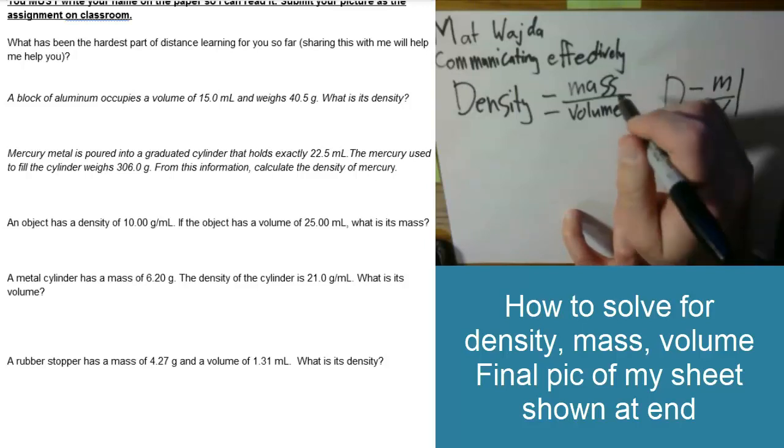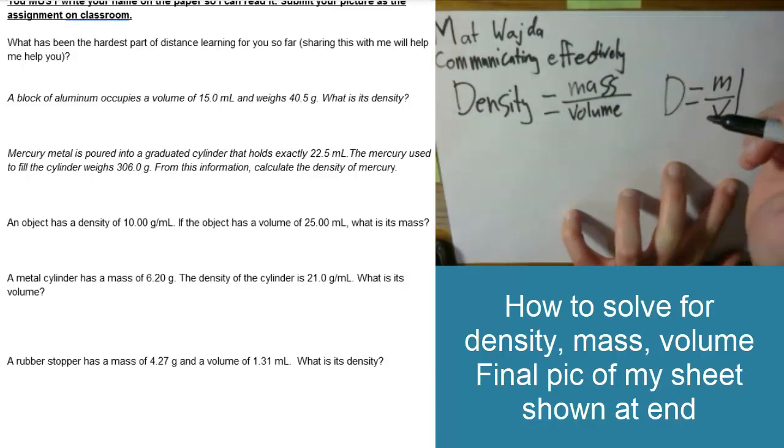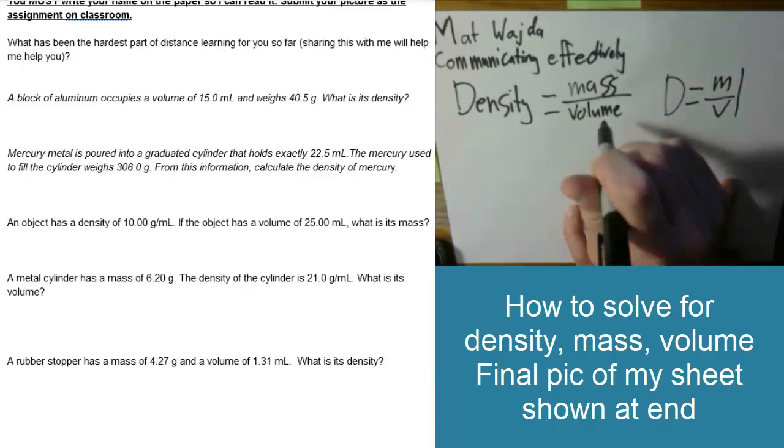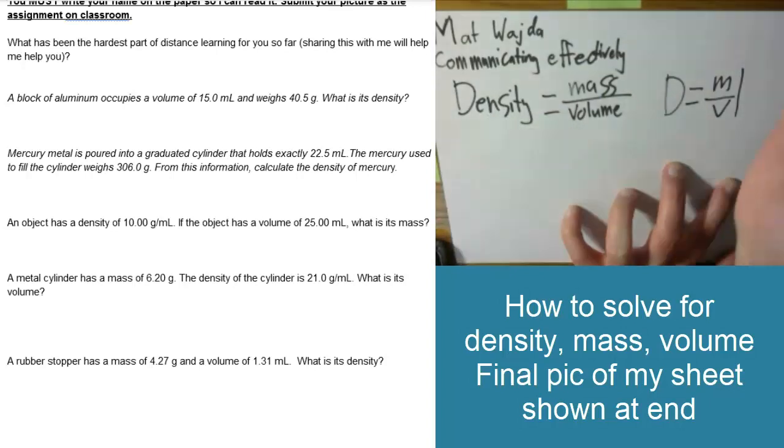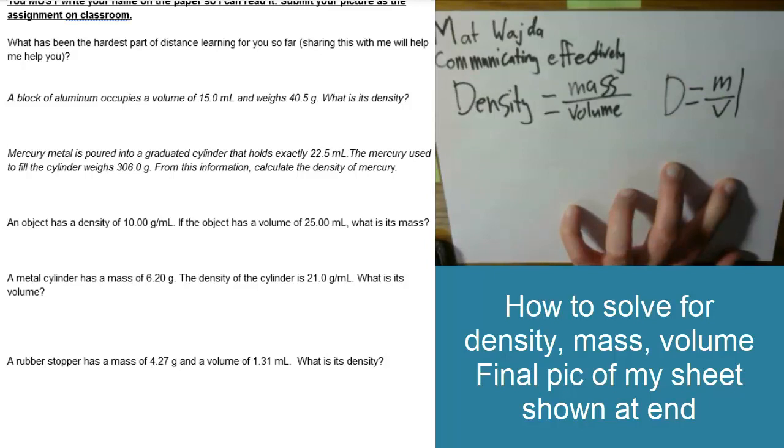If you want to solve for mass, you need to have mass by itself. It needs to say mass equals something. So to do that, you would need to move volume to the other side. In algebra, to get rid of something and move it to the other side of an equation, you have to do the opposite operation. So addition and subtraction are opposites, and multiplication and division are opposites.